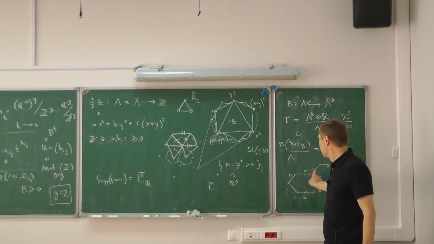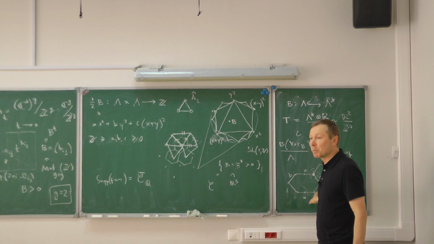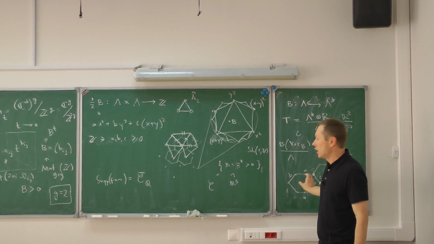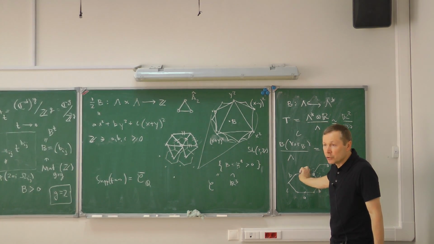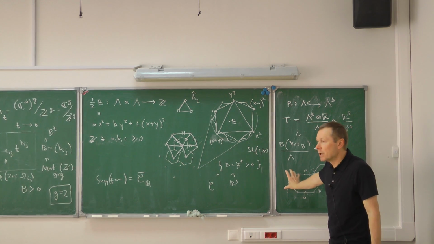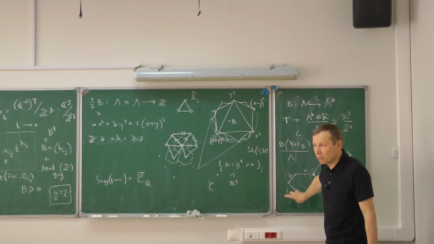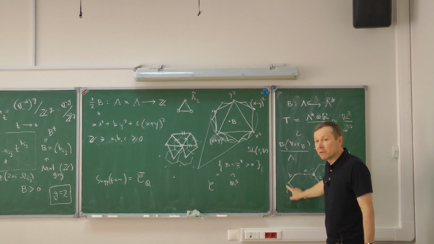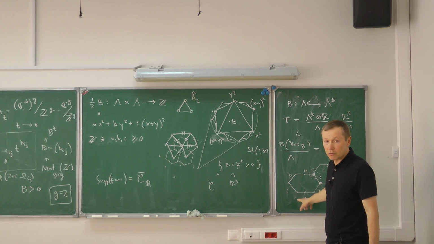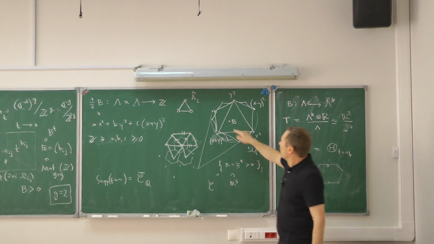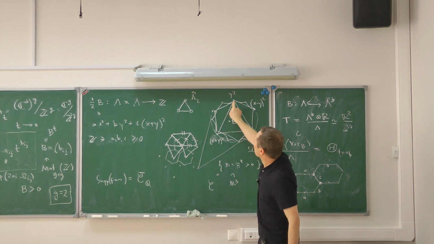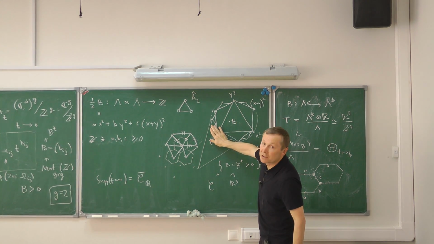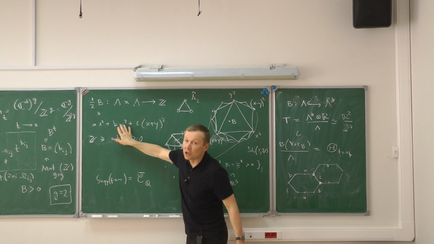How can this tropical divisor degenerate? A can go to 0, or B can go to 0, or C can go to 0. And then this hexagon will become a pentagon, when one of these A, B, C is 0.